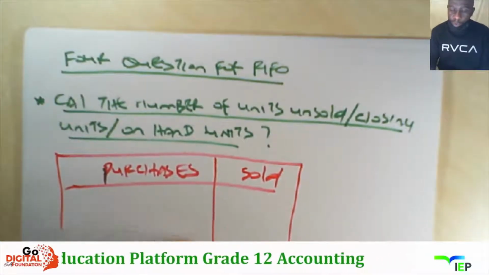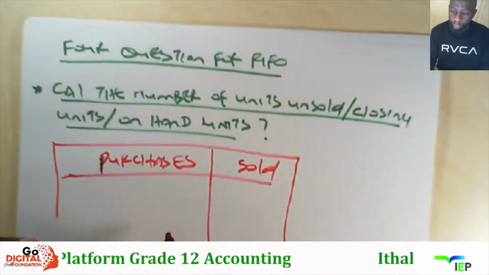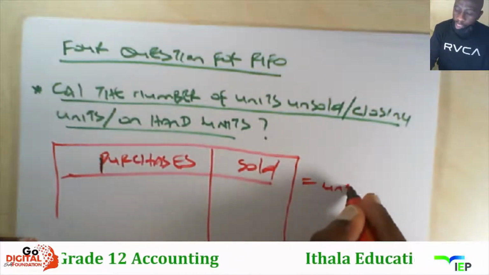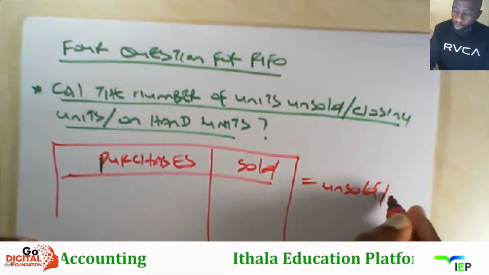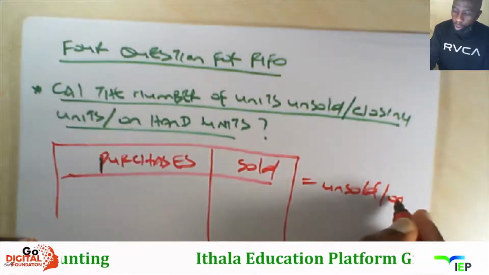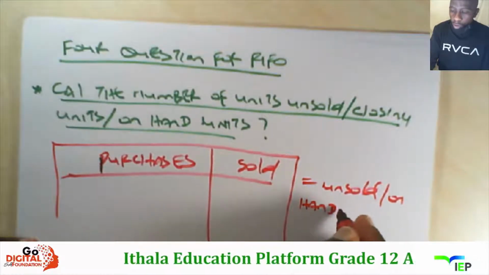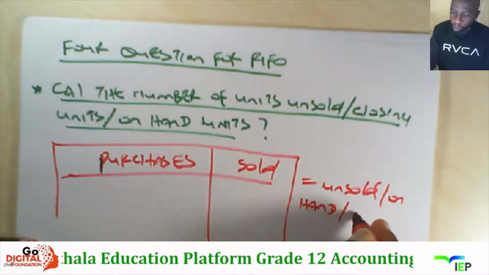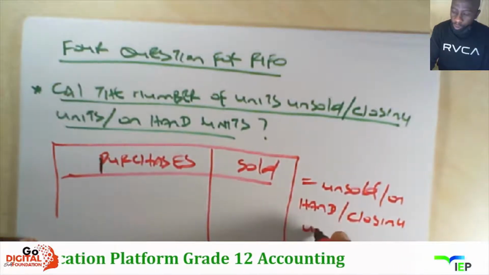The difference between the purchases and the sold is equal to the unsold, which is equal to the on-hand or closing units.